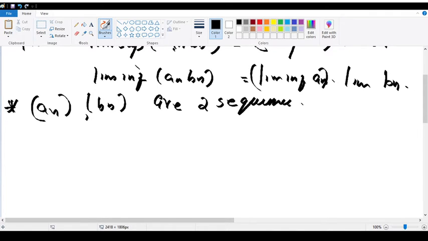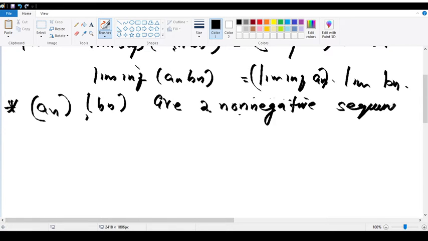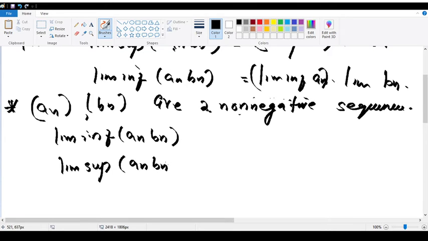an and bn are two non-negative sequences. So what is the limit inf of an bn and what is the limit sup of an bn?